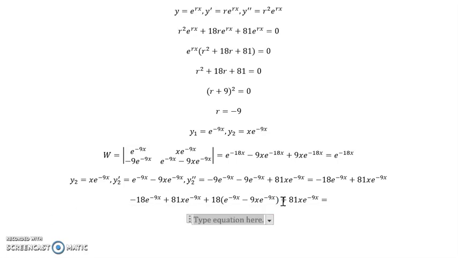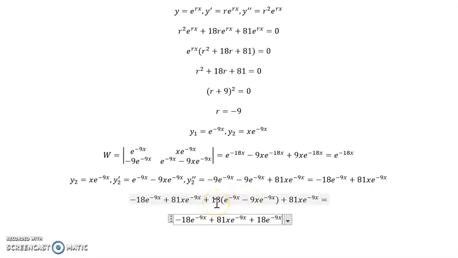Well, let's see what happens. So we've got negative 18 e to the negative 9x and 81 x e to the negative 9x. But then we have plus 18 e to the negative 9x from this term right here. And then we have 18 times that.